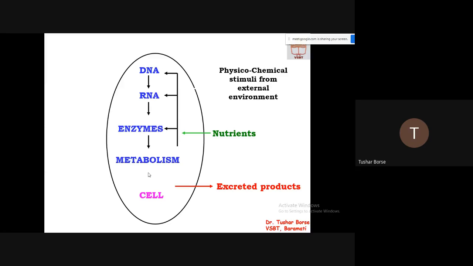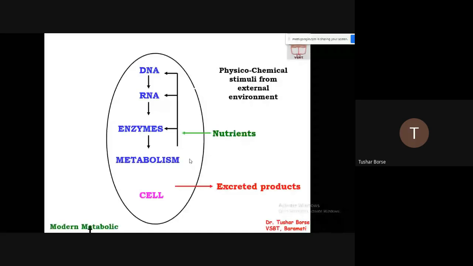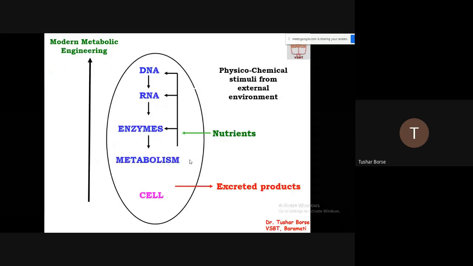First you identify a metabolite, then identify which metabolic reaction it is involved in, what the actual reaction is, what the enzyme required is, what the RNA producing that enzyme is, and what the DNA or gene responsible for that RNA is. This way you can go in a reverse way, find the specific gene and target only that gene. That is what constitutes modern metabolic engineering, where we go for reverse engineering as compared to classical metabolic engineering.